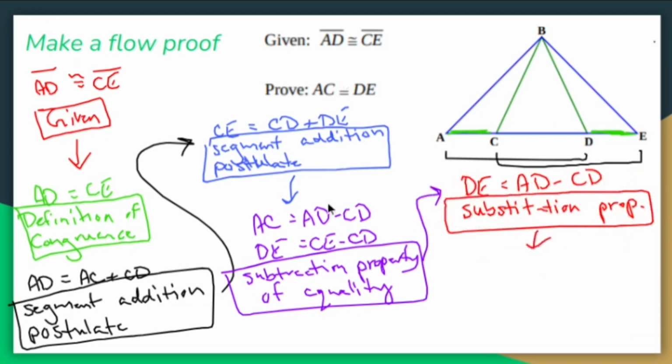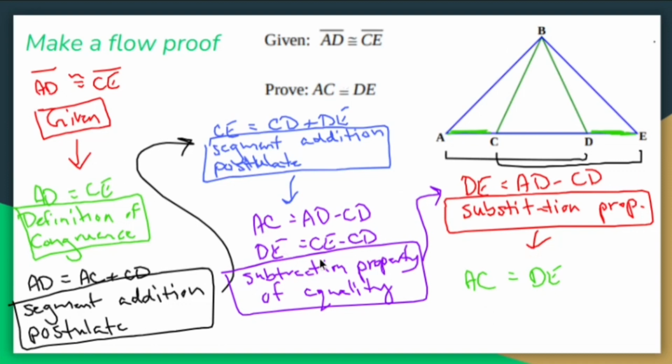Now my last step is, now that I know that DE is AD minus CD, and AC is also AD minus CD, that means that AC and DE are the same. AC equals DE. And I could use the transitive property.